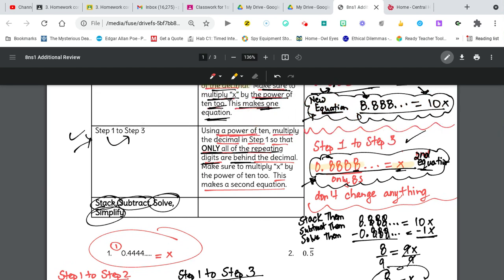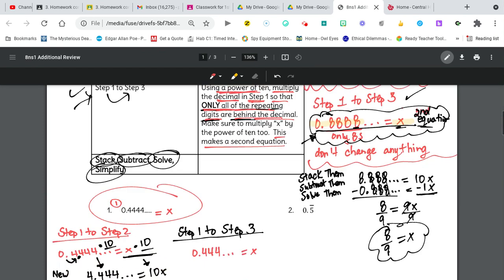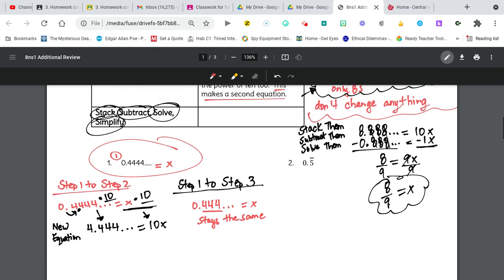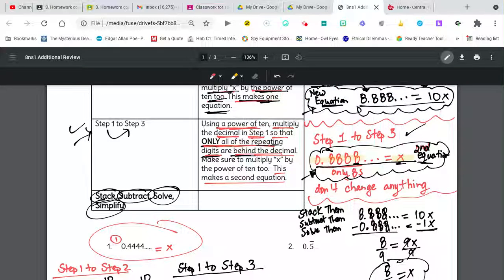Using the power of 10, multiply the decimal in step 1 so that all of the repeating digits are behind the decimal. Well, if you look, what else is behind the decimal besides all the 4s, the repeating 4s? Nothing. So this equation stays the same. You don't change a thing. Okay? And then I can go to this part down here.